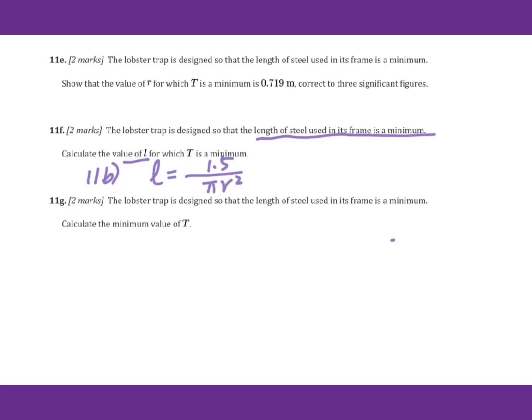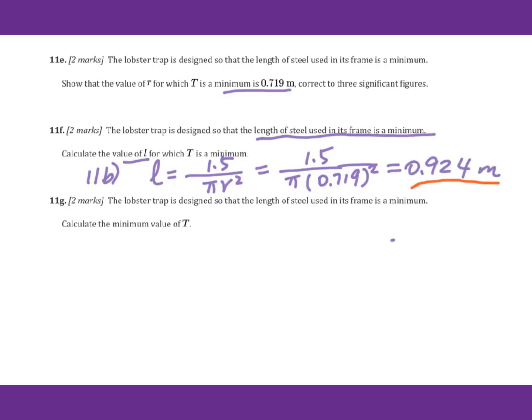We already got from 11E r equals 0.719. So we plug in 1.5 over pi times 0.719 squared. The answer will be 0.924 meters.